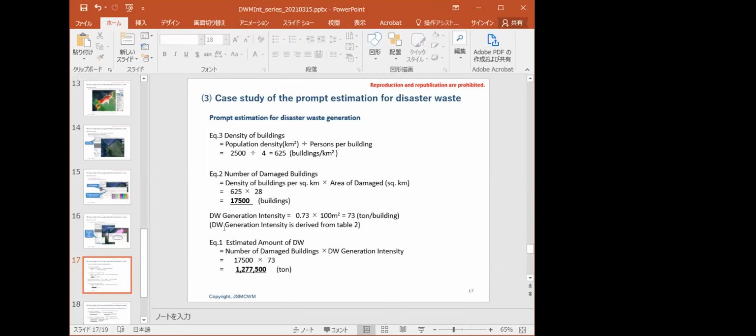Maybe it's okay. So this is how to estimate disaster waste generation by using the World Bank population density database and Google Earth.